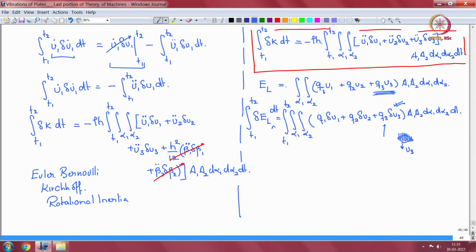Okay. So then we have the boundary term. The boundary energy comes from, let us say we have alpha 1 and alpha 2, and let us say this is the element.